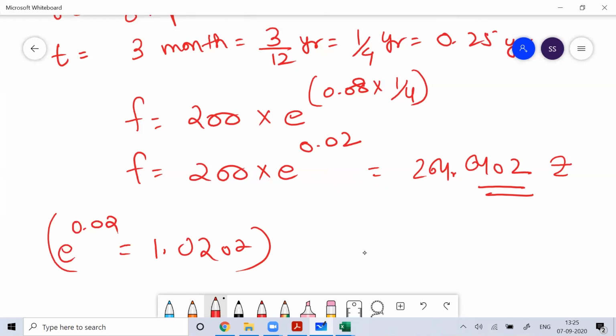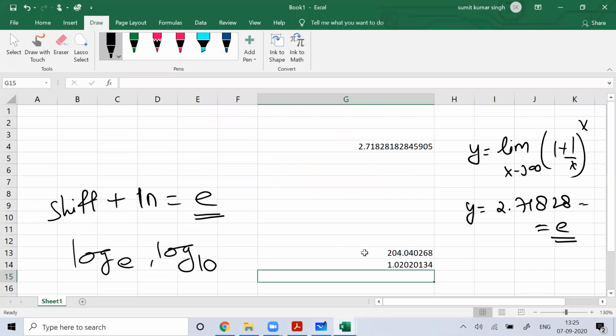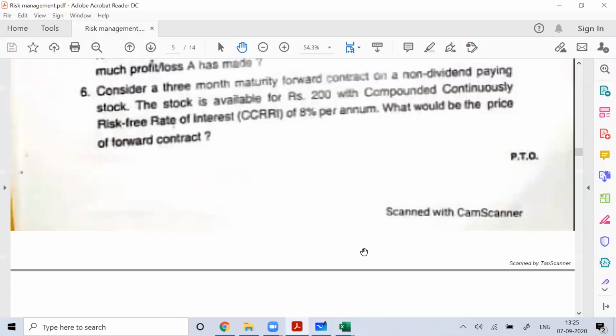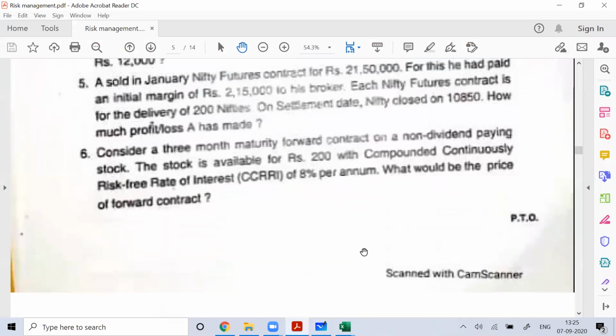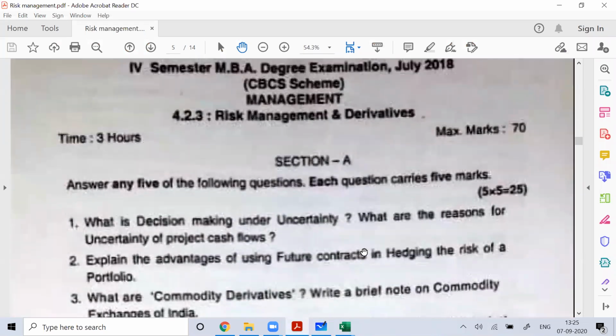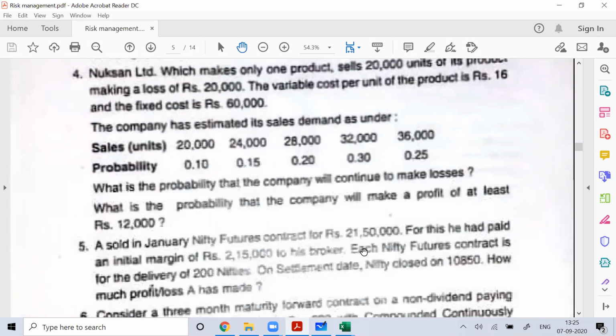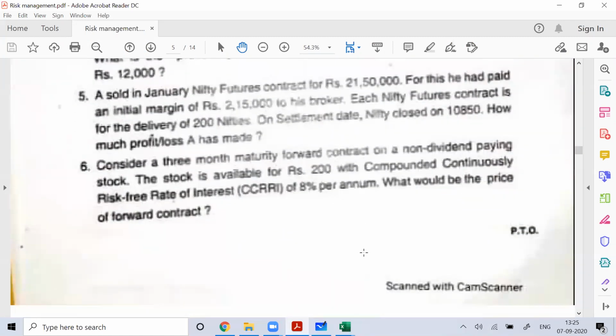Now you can ask me, sir, okay, they should give this value, but imagine if a scientific calculator is not allowed and this value is also not given, then what can we do? There can be other colleges where a scientific calculator is not allowed.